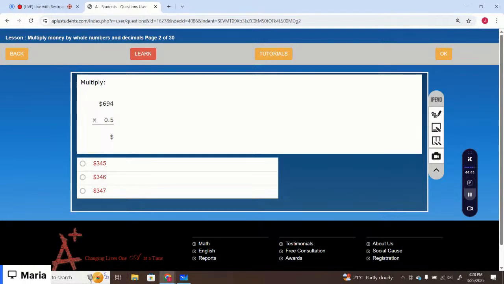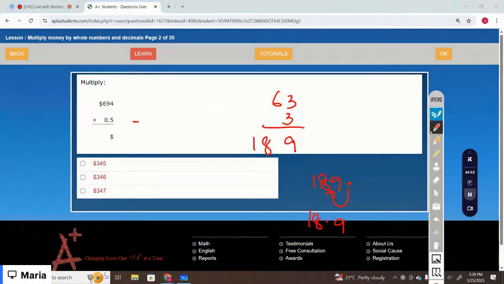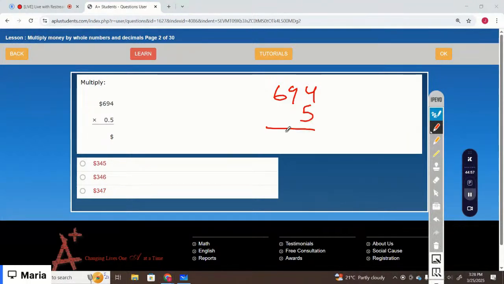Multiply 694 times 0.5. So let's just multiply without the decimal. That is 694 times 5. 5 times 4 is 20, 2 carry. 5 times 9 is 45 and 2 is 47. 5 times 6 is 30 and 4 is 34. 0.5 has only one decimal place, so you have to move the decimal point to the left.